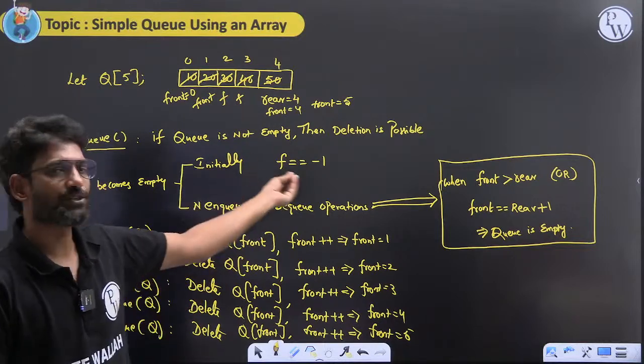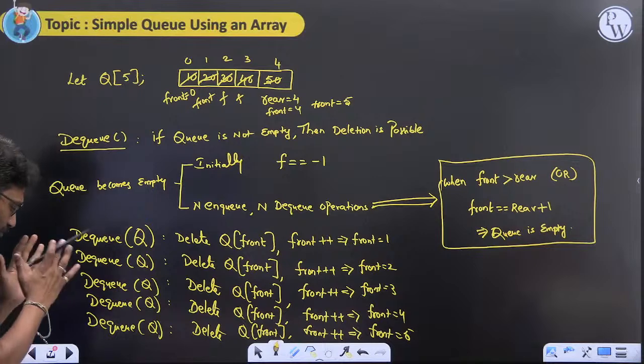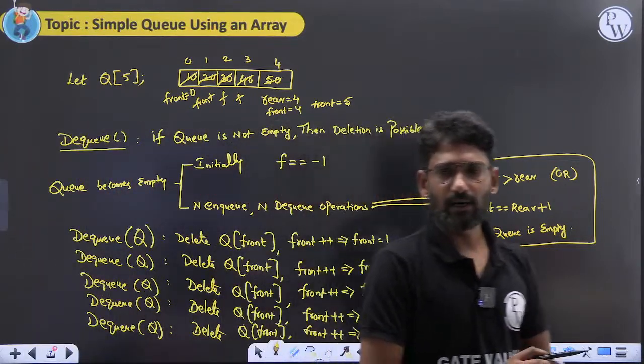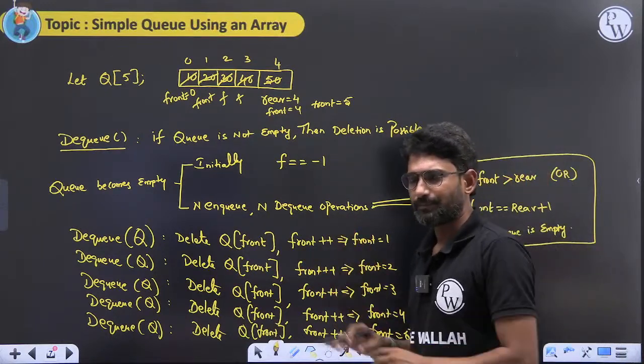Initially with the front check we can say. Okay. Now let us go for the implementation part. Everybody, are we clear with this procedure, what we have done?